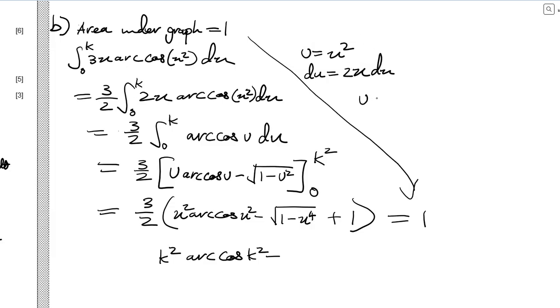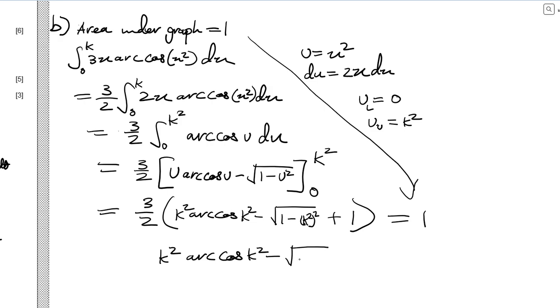Since u is equal to x squared, our lower bound u is still 0, and the upper bound u is equal to k squared. So we can have k squared, and then k squared whole squared, right? Hopefully that makes sense.